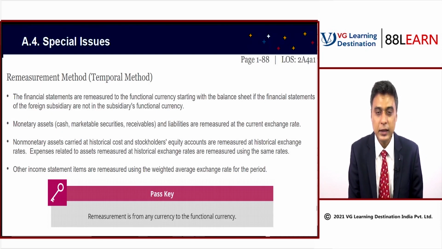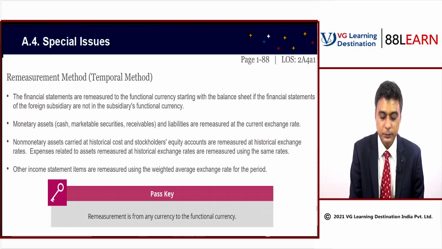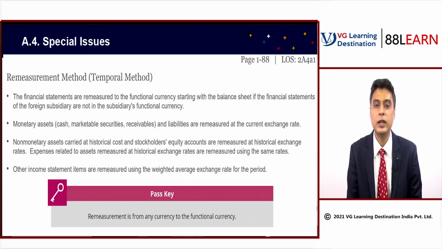So here in the second bullet, we have the answer to that. Monetary assets like cash, marketable securities, receivables, etc. and monetary liabilities are remeasured at the current exchange rate. That means at the date of the conversion, which is most likely going to be the year-end rate, because you're going to do the conversion at the year-end, right? So current exchange rate or the year-end rate.